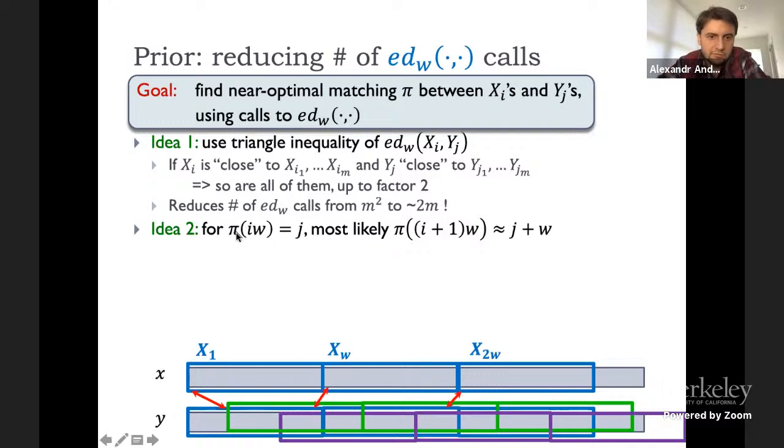Or formally, if the i-th W start position matches to some position j, then most likely, when we look at the next substring of X, it will start at basically j plus W.